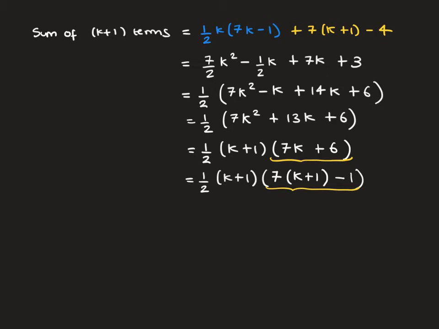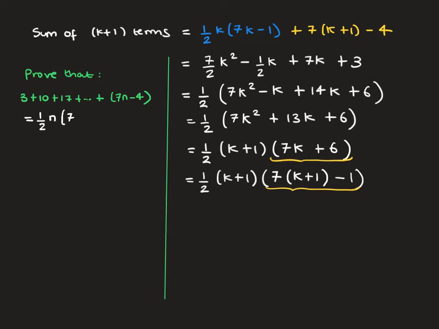Well, we need to go back and remind ourselves what we were trying to actually prove at the start of this. We were trying to prove that our sequence, which was 3 plus 10 plus 17 plus all of the terms up to and including the nth term of 7n minus 4, is given by this formula here, a half n(7n minus 1).